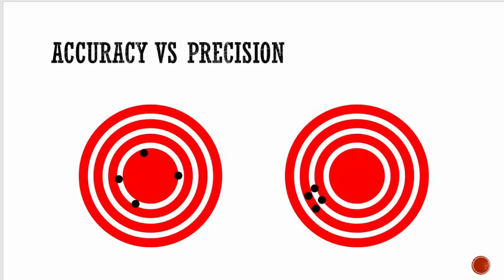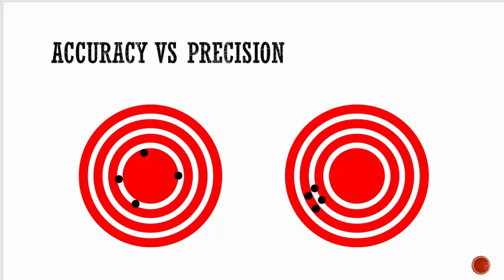So if we double back and think about just accuracy versus precision, here's a visual for you. The first bullseye, if you look at each one of those little dots, they're all fairly close to the center. They're all touching the little red center dot, so you might call that fairly accurate.